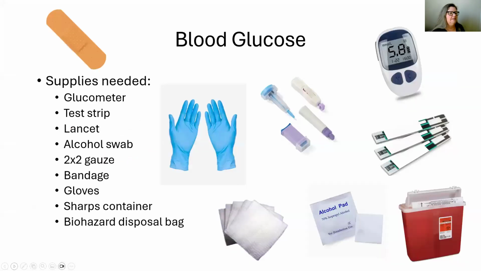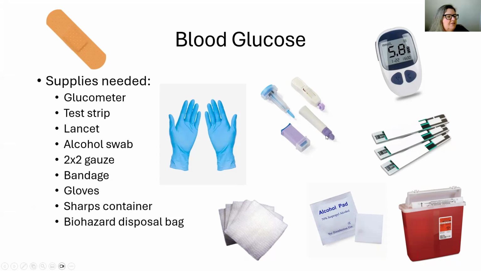All right. Next on to blood glucose. What you need for a blood glucose test, which is basically just a finger stick measuring the amount of sugar in the blood: you need a glucometer. This is your very, very generic glucometer. You need test strips and a lancet.